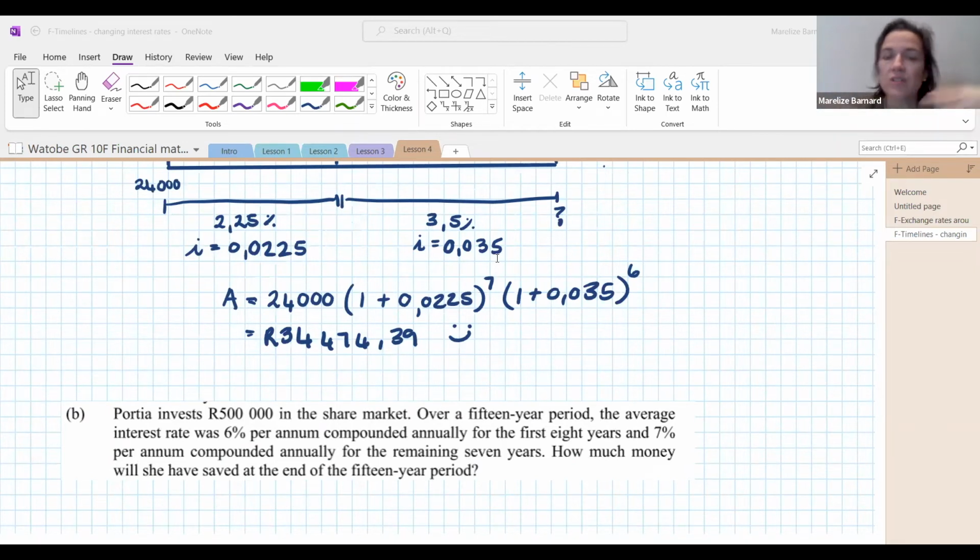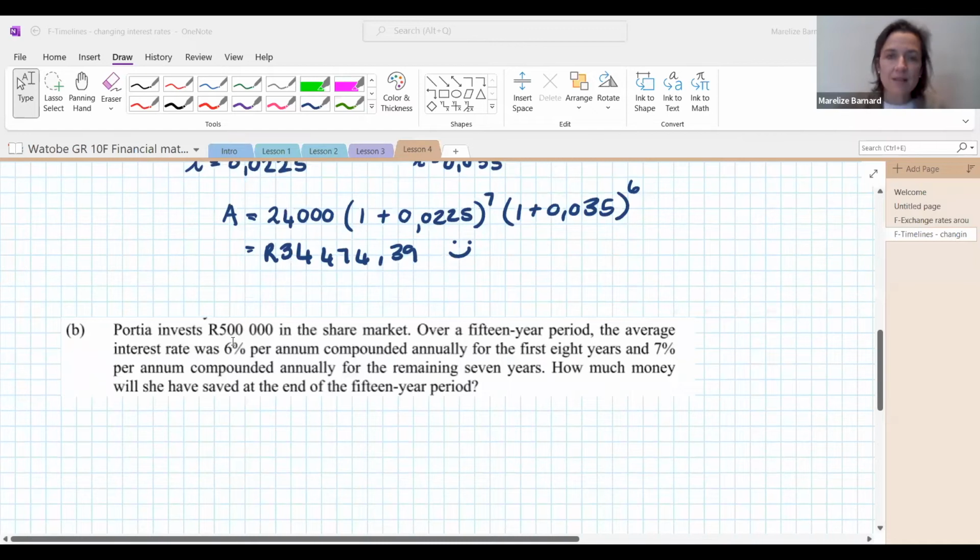So we say 7 plus 6, then we get 13. Yes, but because the interest rate is different for the 7 years and different for the 6 years, we can't add the 13 together. We're not working with the full 13 years. We've got two different interest rates. Yes, thank you. Okay.